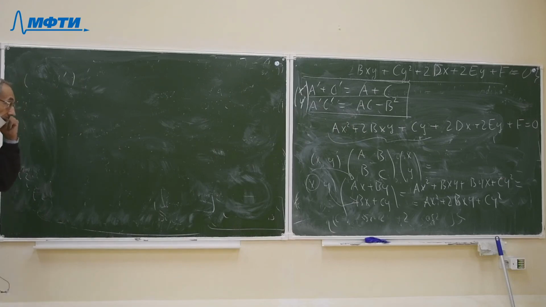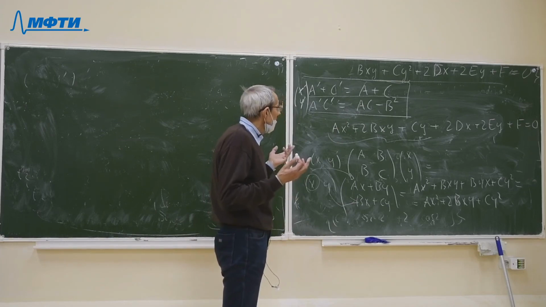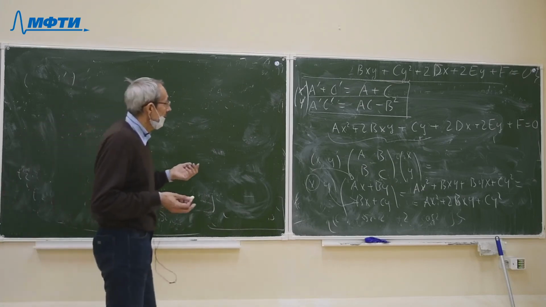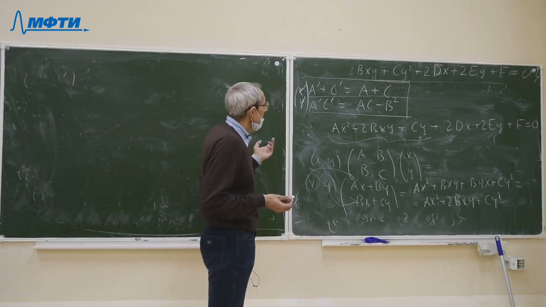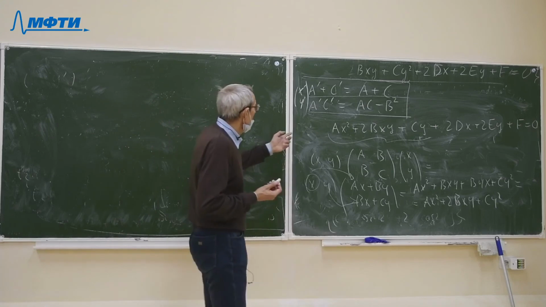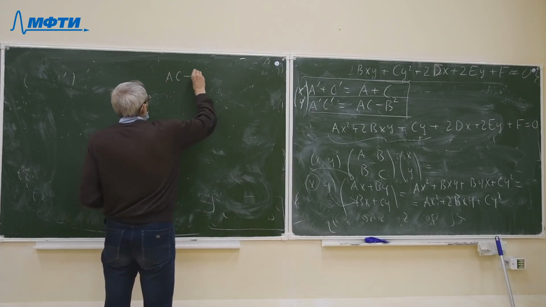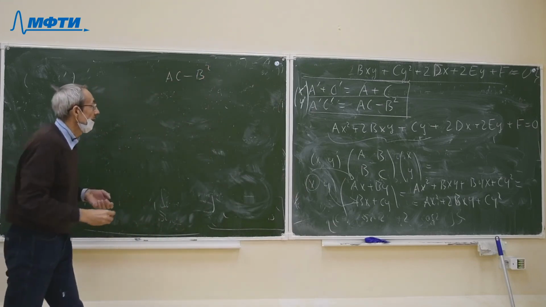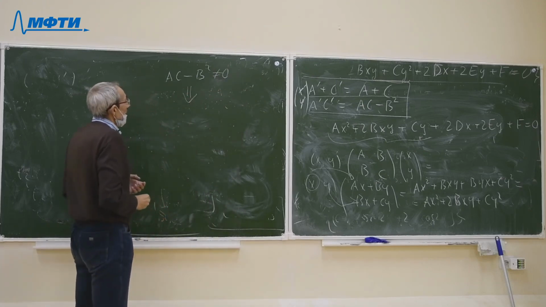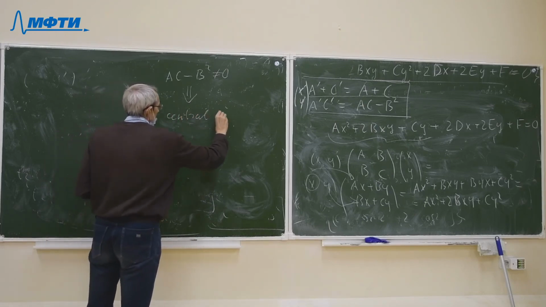So we can understand what kind of curve we have using the equation of the initial curve. For example, if AC minus B squared is not zero, we obtain that in this case our curve is a central curve.